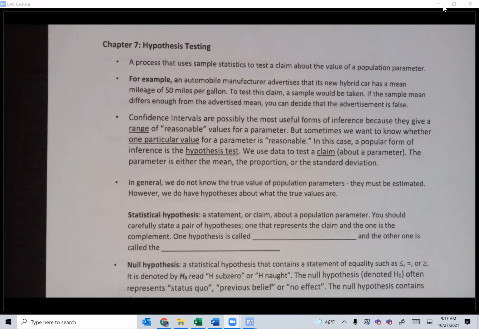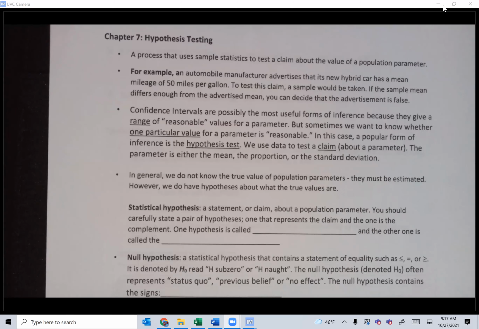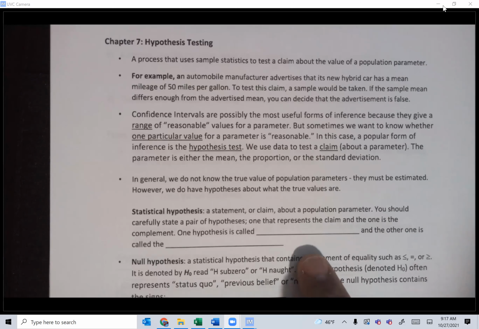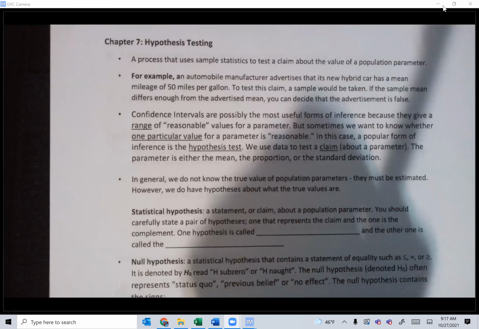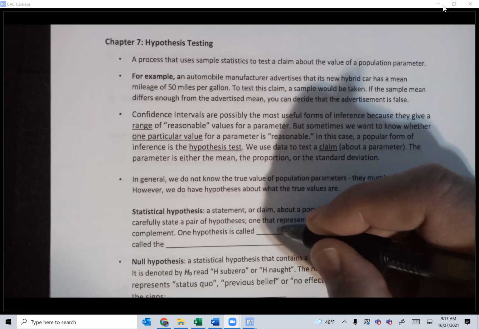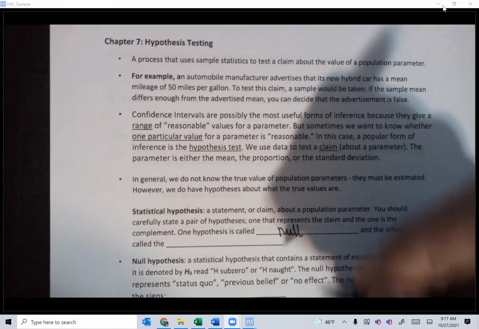Okay. So we talked about two hypotheses on Monday, guys. The first one is called the null hypothesis. So you just put the null here, and the other one is called the alternative hypothesis. That's the null hypothesis, and the other one is called alternative.